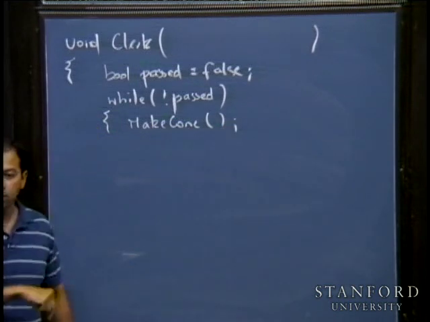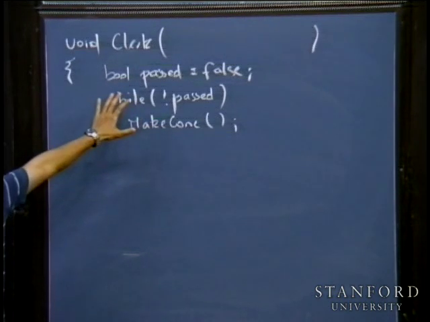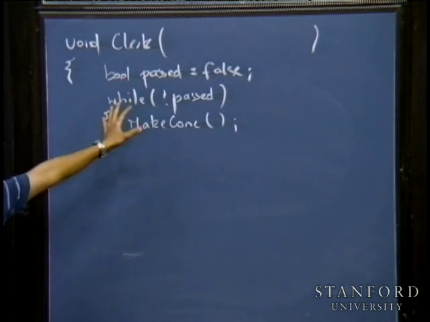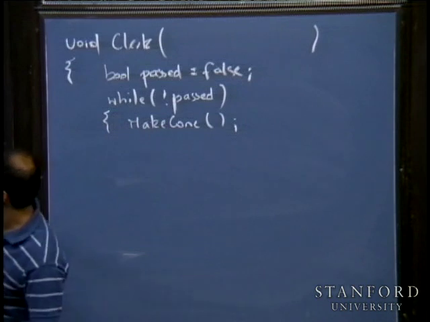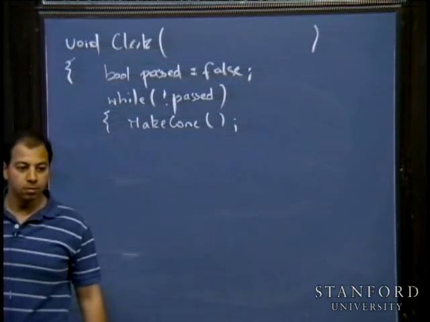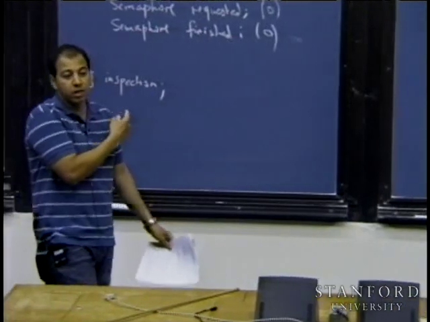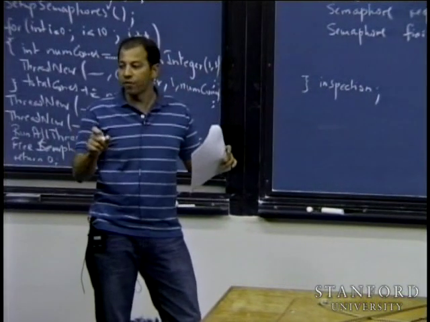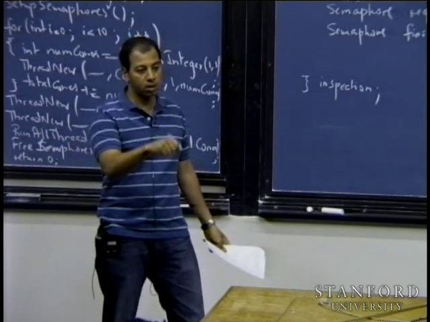And then request the manager to inspect it, okay? So we can potentially have up to 40 clerks requesting the manager to inspect their cones, right? Okay? Does this give you any hint about what we're missing here? Exactly. So we need a binary lock. We basically need to lock the manager's office, right? So that we can ensure that at any point in time, only one clerk can get in this office.